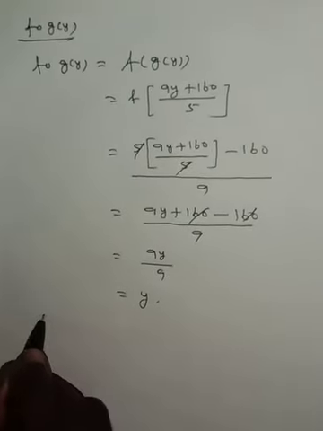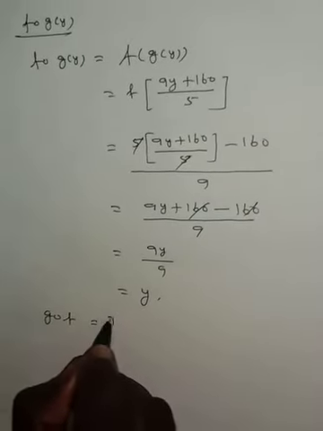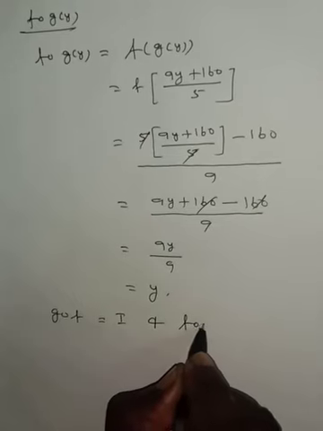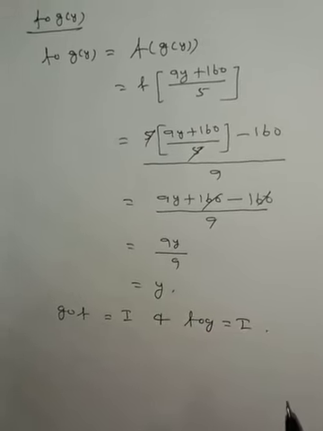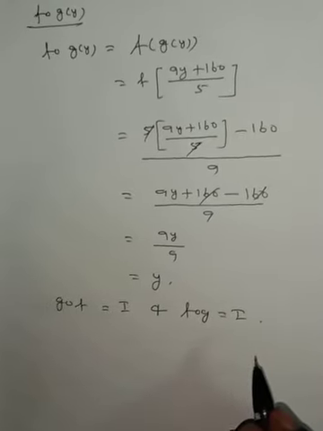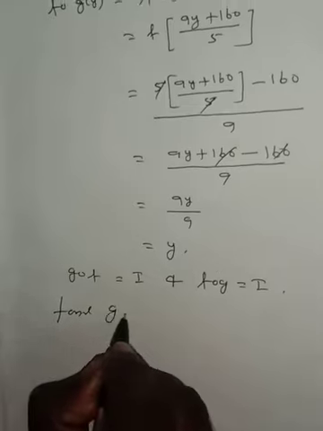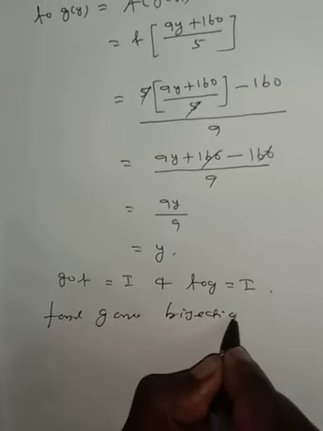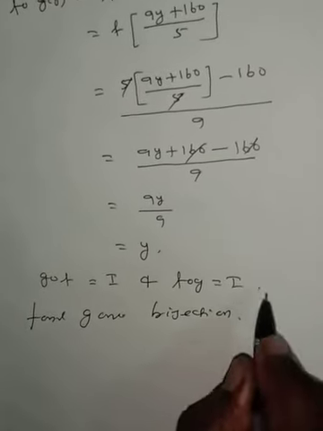So g of f is equal to I, and f of g is equal to I. F and g are bijections and inverses of each other.